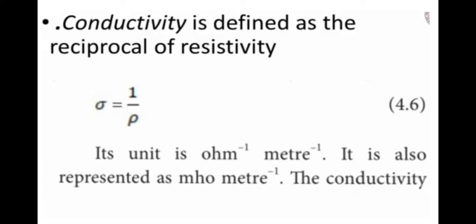The reciprocal of resistivity of a material is called its electrical conductivity. The conductivity symbol is sigma. Sigma is equal to 1 by rho. Its unit is ohm inverse meter inverse. It is also represented as mho per meter.